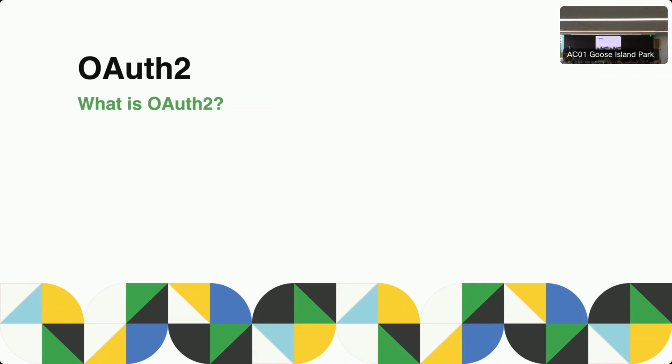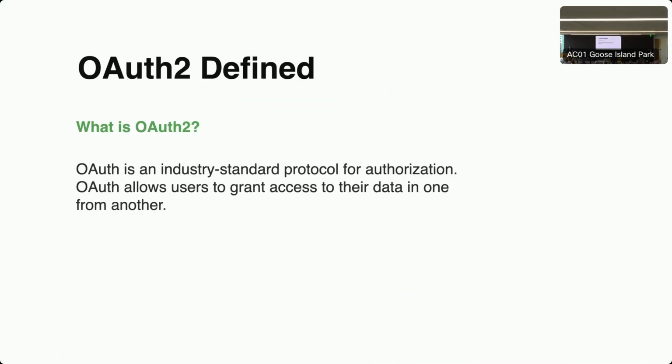So what is OAuth 2? It's an industry standard protocol for users to authorize access from one service to another. So you've probably seen it a lot. Sign in with Google, sign up with Google.